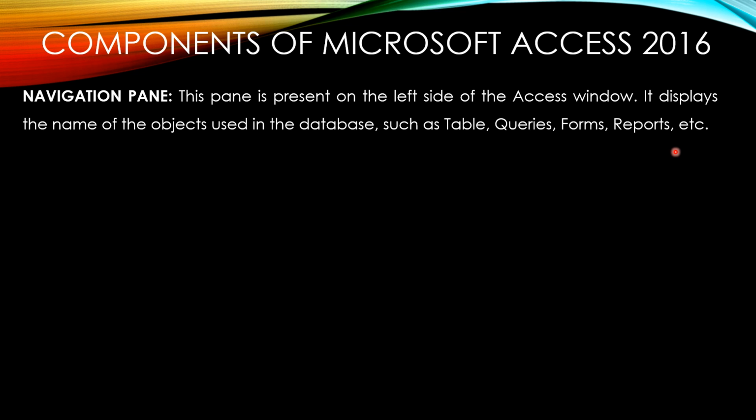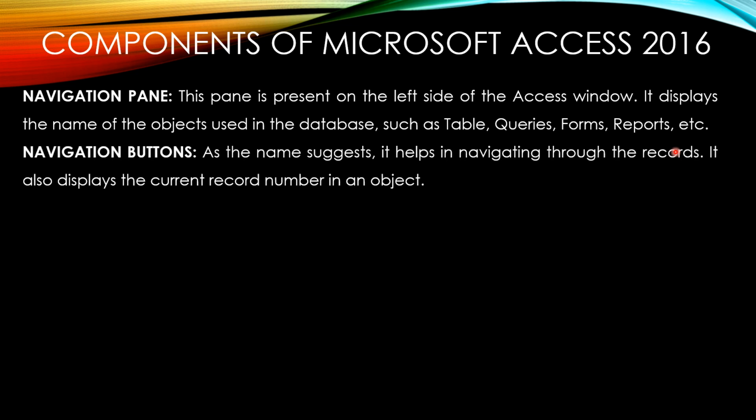Similarly, in MS Access also on the left side, you will get all the objects which you are inserting. Whether you insert the table or the query or report or forms, it will all be present there on the left side in the navigation pane. So whichever object you want to access, you can just simply click on that object and in the work area, you will see the details of it.